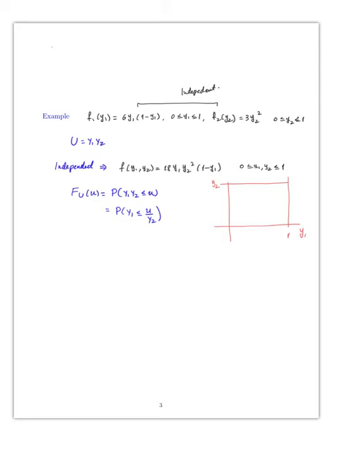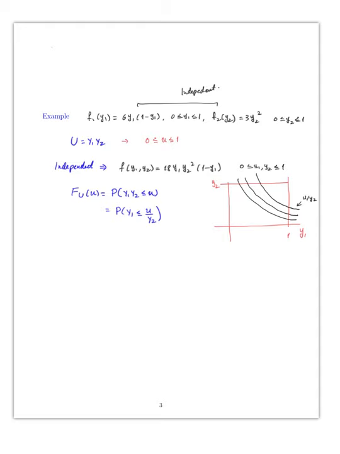And notice that since y1 and y2 are less than 1, that also implies that u has to be between 0 and 1. So that's very, very important. And also notice that you have u over y2, the graph is going to look like this, which is essentially like 1 over x. So that will be the graph of u over y2.